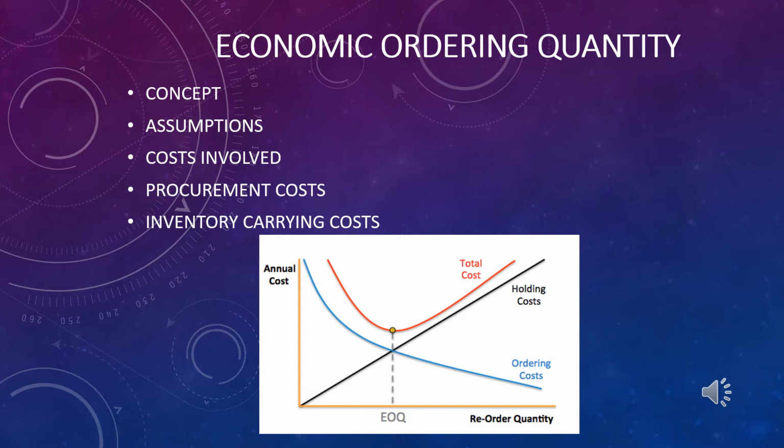Now, coming back to minimizing the cost, the two costs that are associated with economic ordering quantity, or the inventory decisions for organizations, are the procurement cost and the inventory carrying cost.